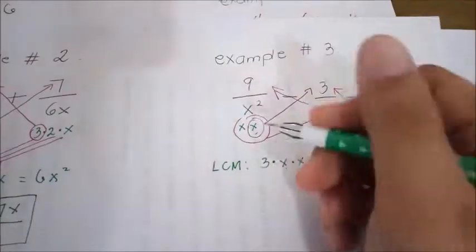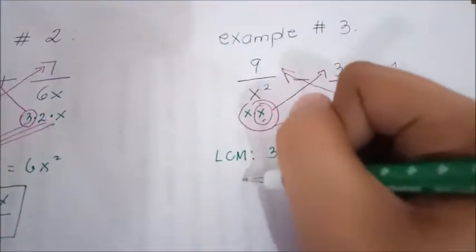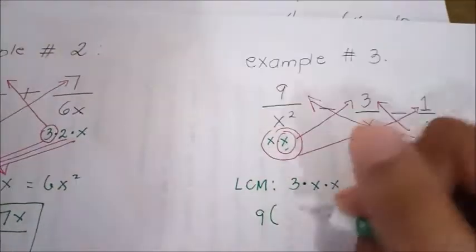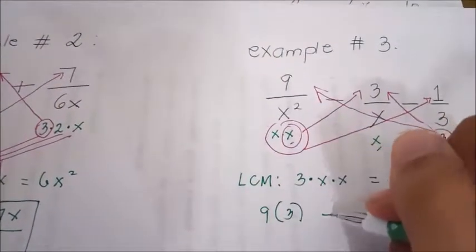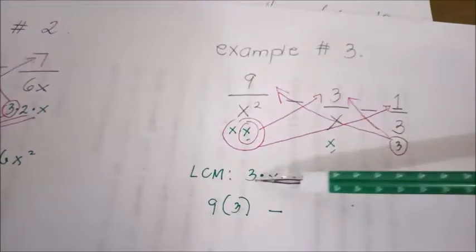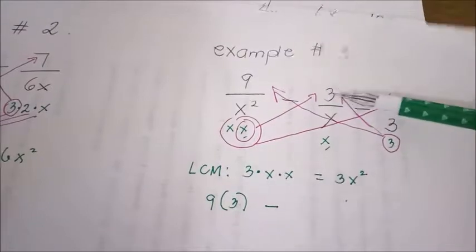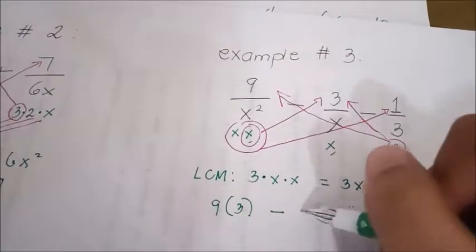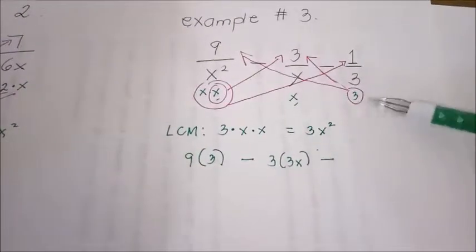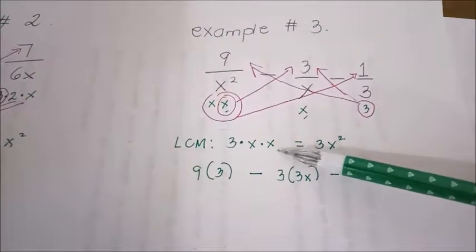No? Ayan. So, we have 9. Ang i-multiply natin is 3 minus, we have x dito. So, ang i-multiply natin ay 3 at x lang. So, 3 times 3 at x. Minus ulit. Meron tayong 3 dito. So, dito ay dalawang x.